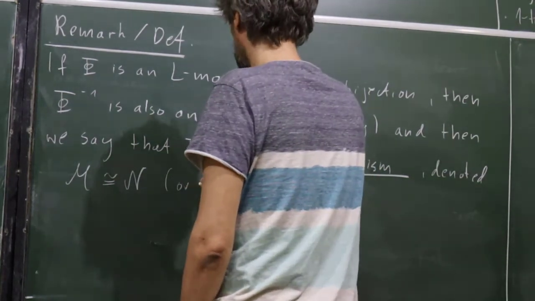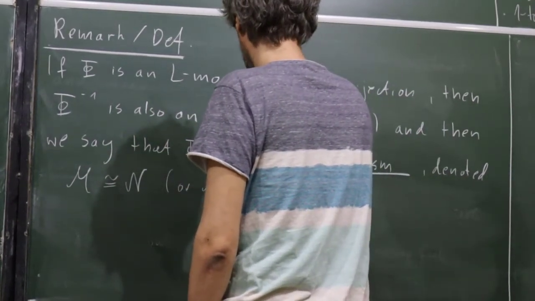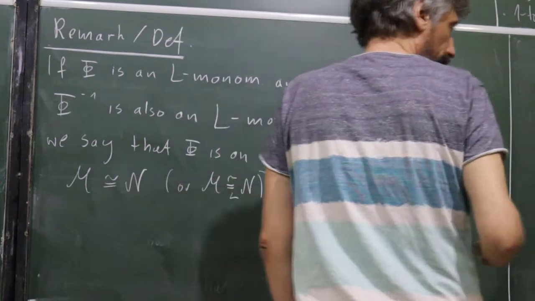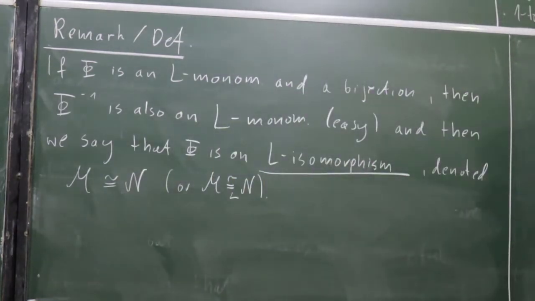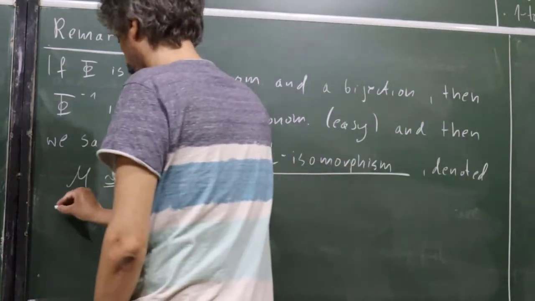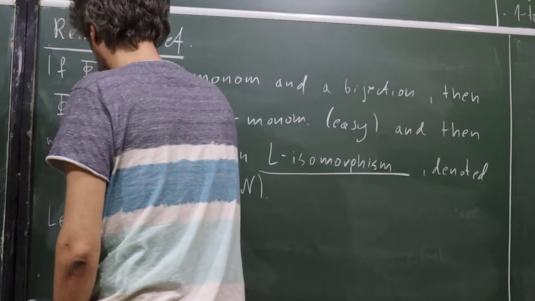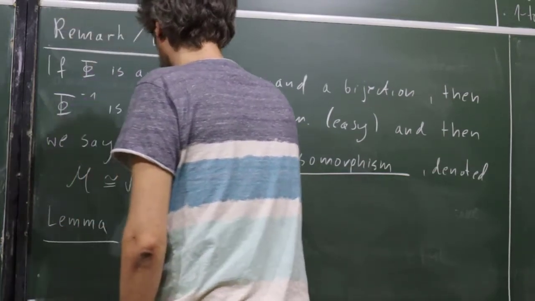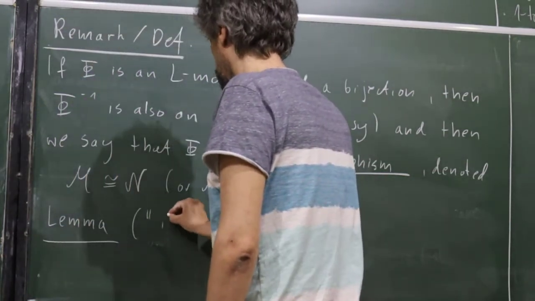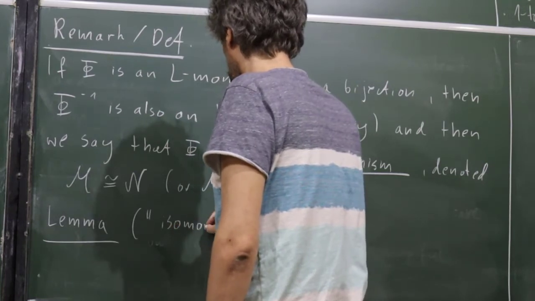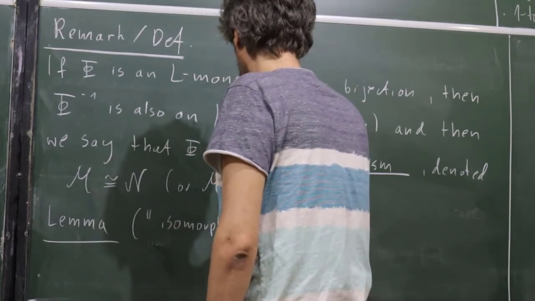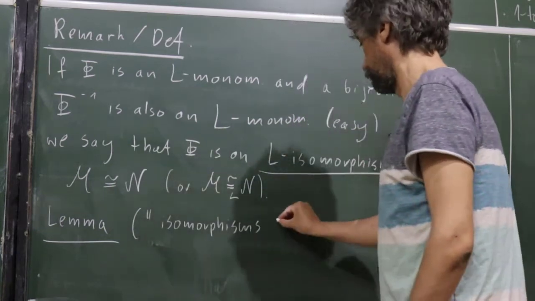Or denoted like this. So some lemma, which we'll again not show, but often use. So the short saying will be that isomorphisms preserve the truth.